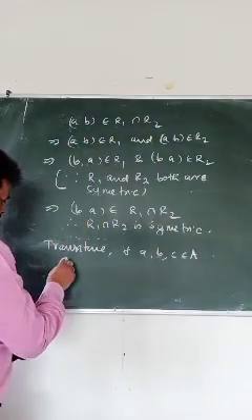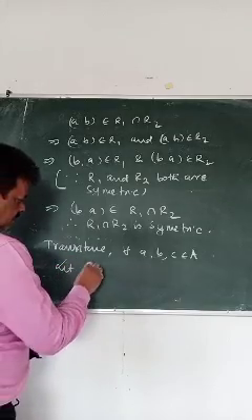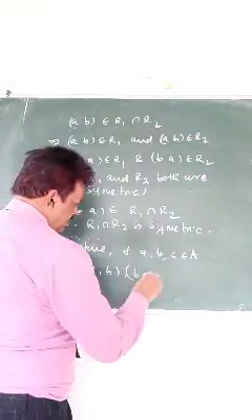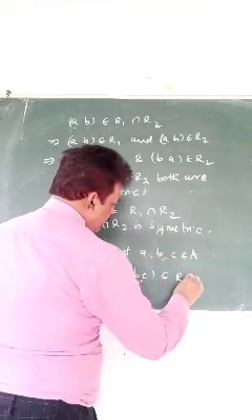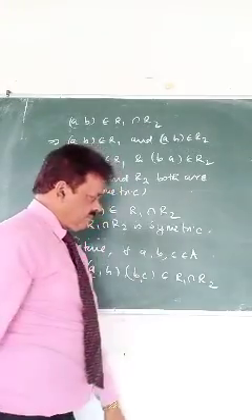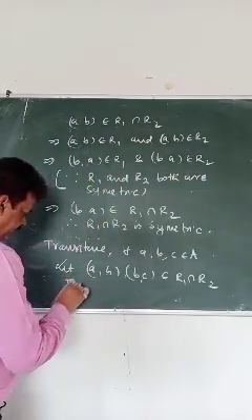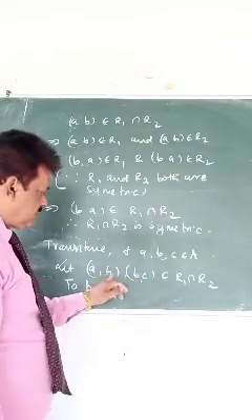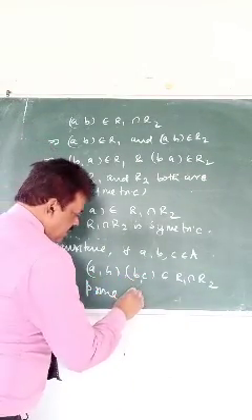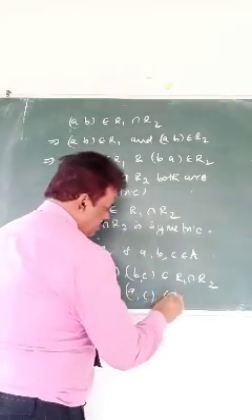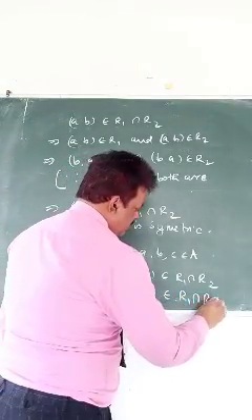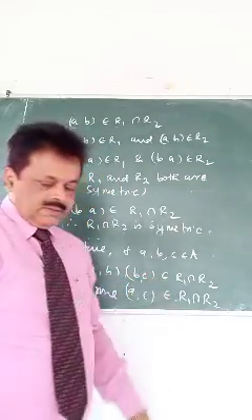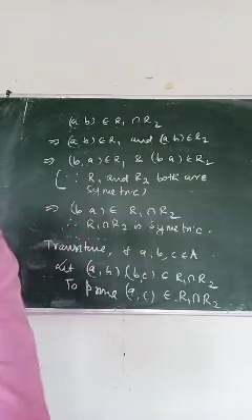Let (a, b), (b, c) belong to R1 intersection R2. To prove (a, c), because b has to be omitted, (a, c) belongs to R1 intersection R2. This is what you have to prove. You have to start from here.